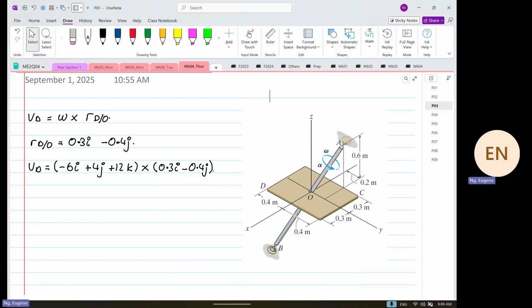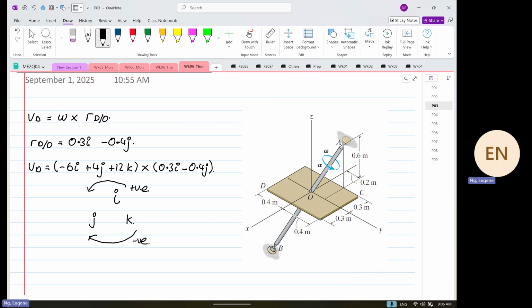Okay, so I want you to write I, J, and K in this form. Going in an anti-clockwise direction is positive. Going in a clockwise direction is negative. So it's this notation that we're going to use.